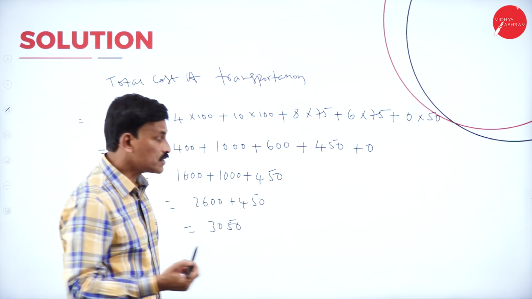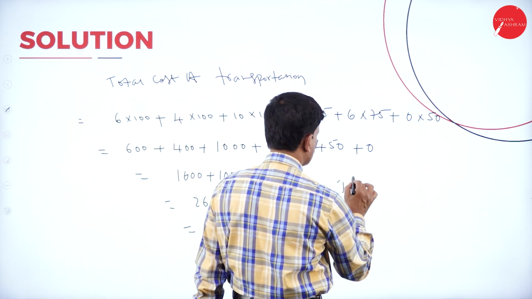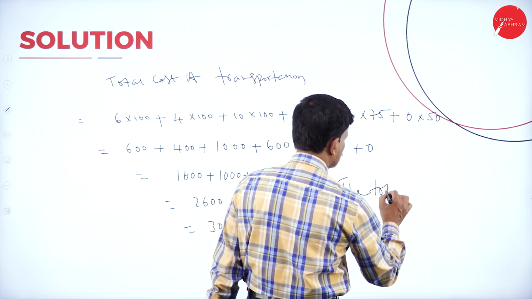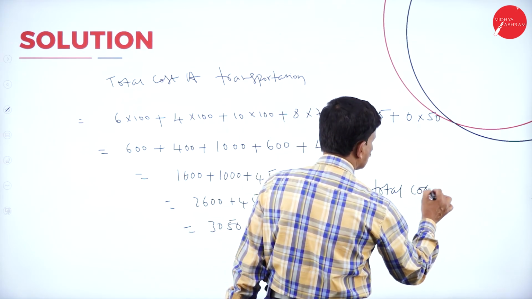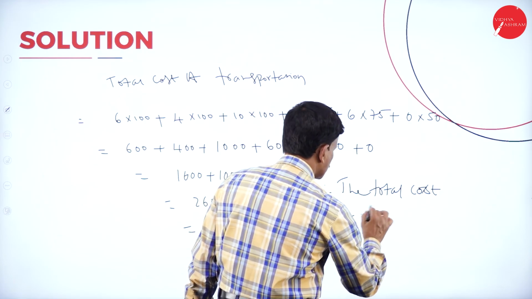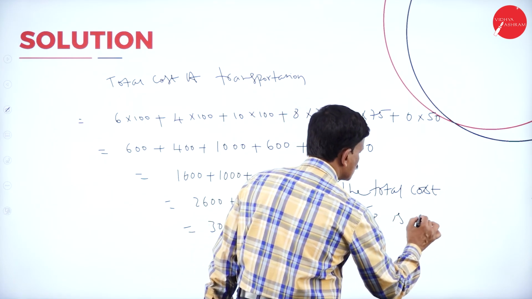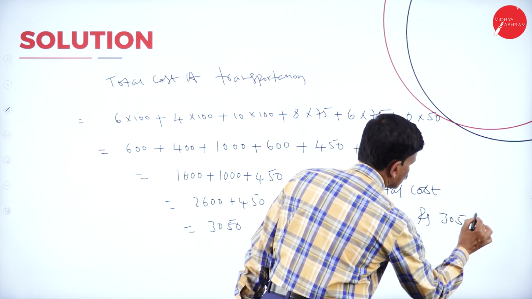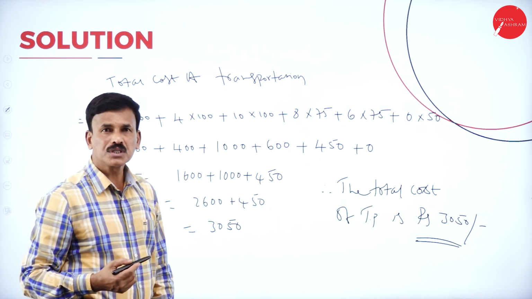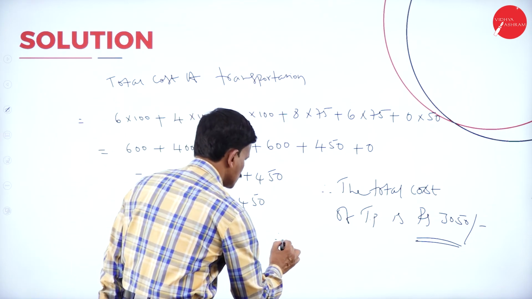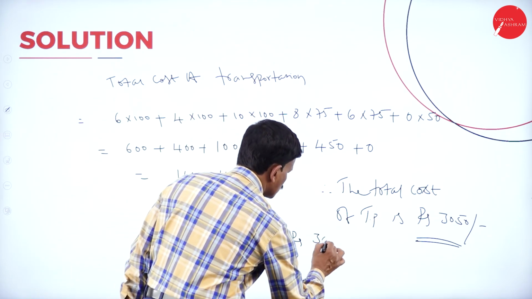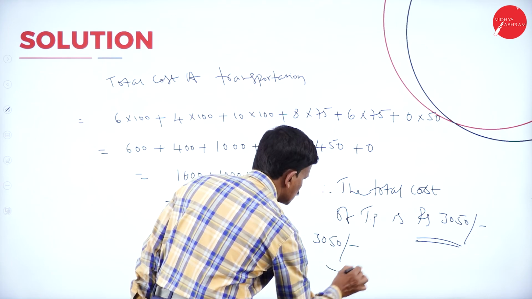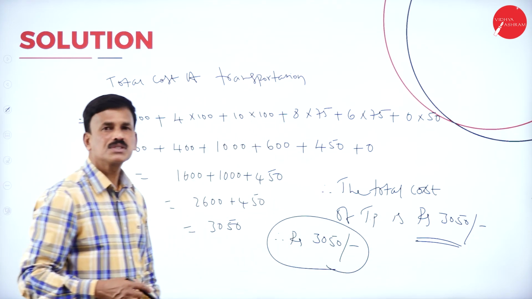Therefore, the total cost of the transportation problem is rupees 3050.